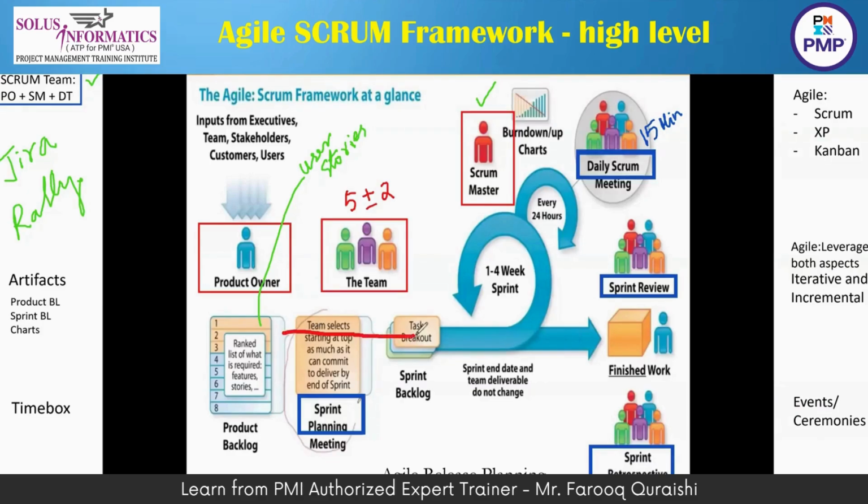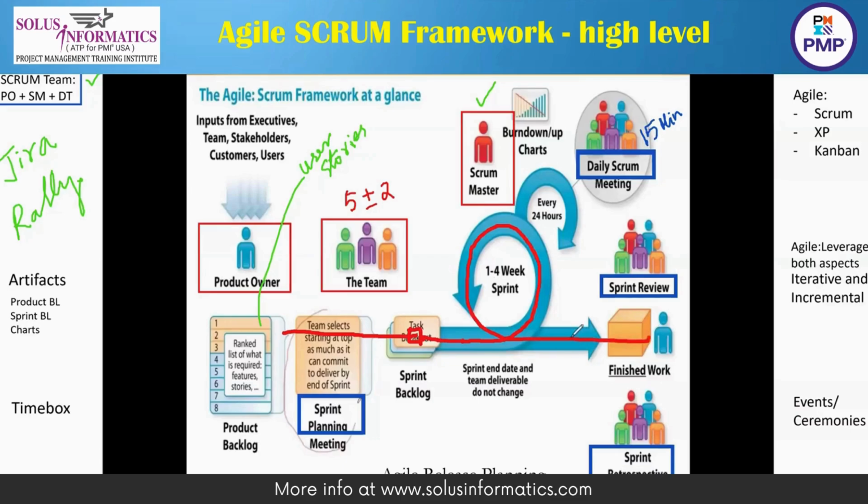The duration of a sprint could be 1 to 4 weeks, and if you decided that the sprint will be 4 weeks, then in that time the three user stories will have to go through the SDLC life cycle, and come out as finished work. Then they pull the next three user stories. There's nothing like a pipe or anything. This is just a duration.